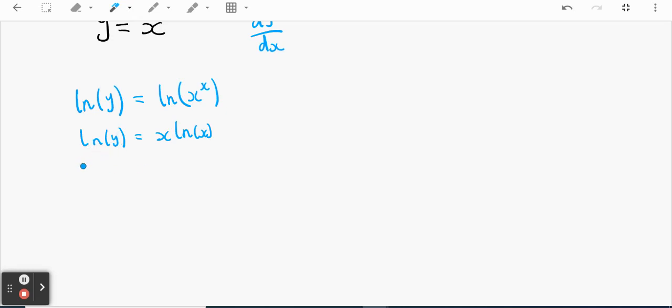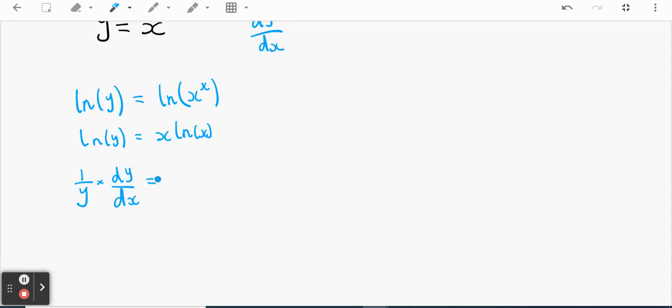So with the left-hand side, by applying implicit differentiation, we get ln of y, well, that's 1 over y, multiplied by the derivative of y with respect to x, which is dy/dx.